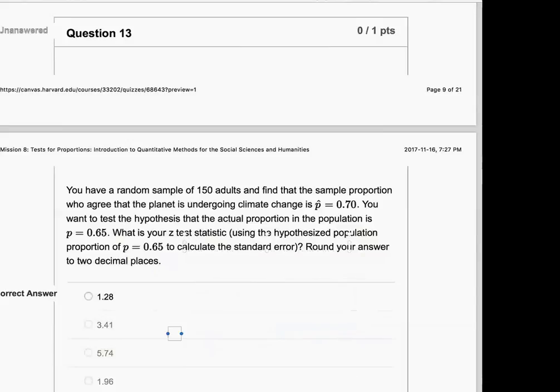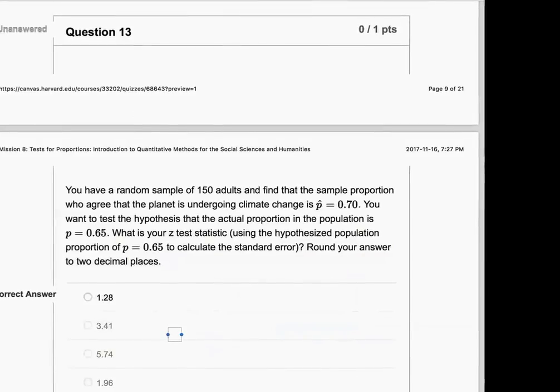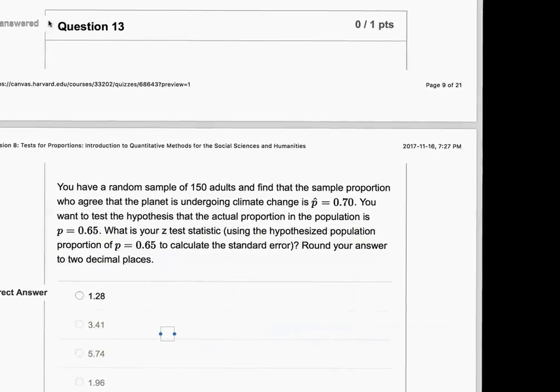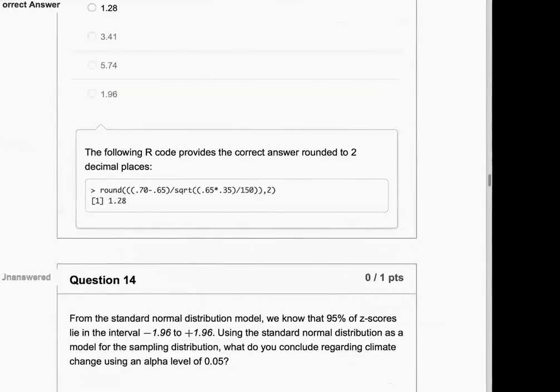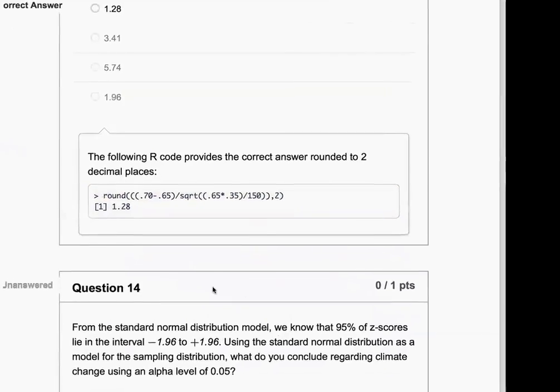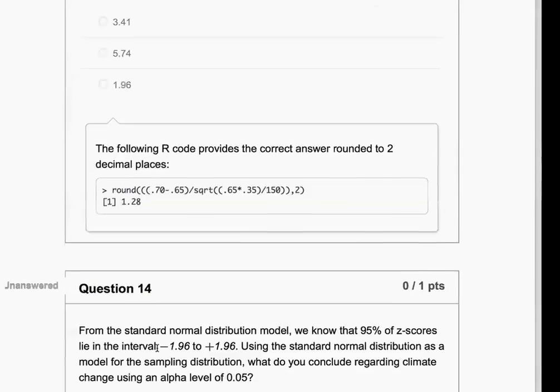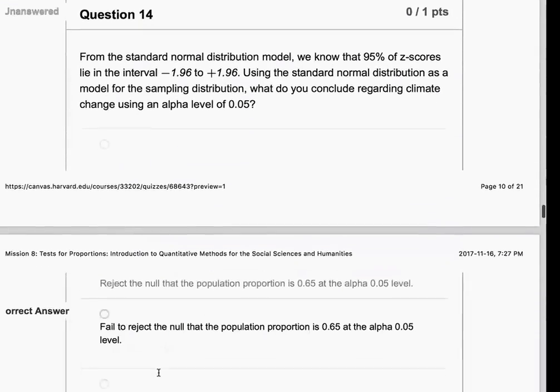Is there anything else I want to say except that, well, what do you do with that z-test statistic? If I can scroll down. Yeah, I showed quite a bit here. You can sort of see the answer here, but I don't want to emphasize the R code too much, except that the logic is still the same. And that's what we address in question 14.